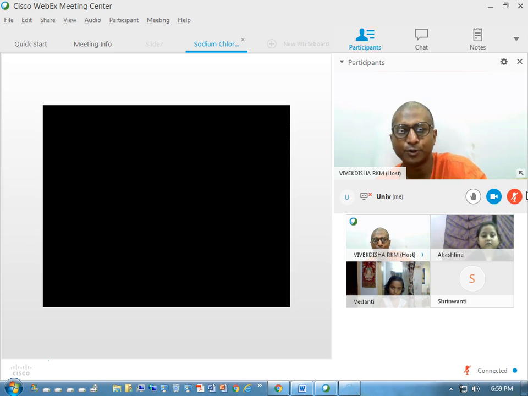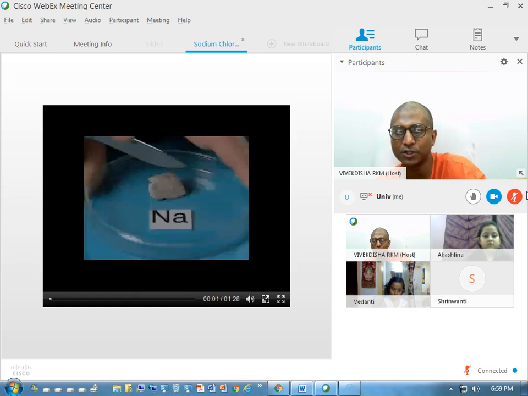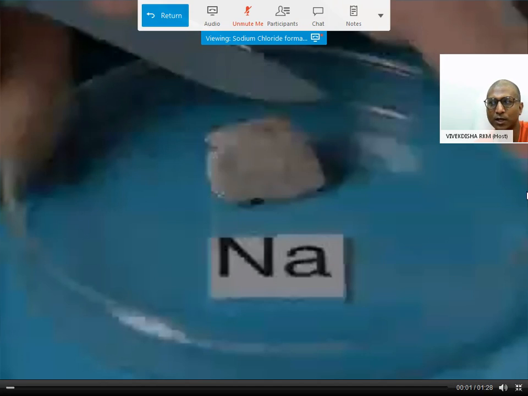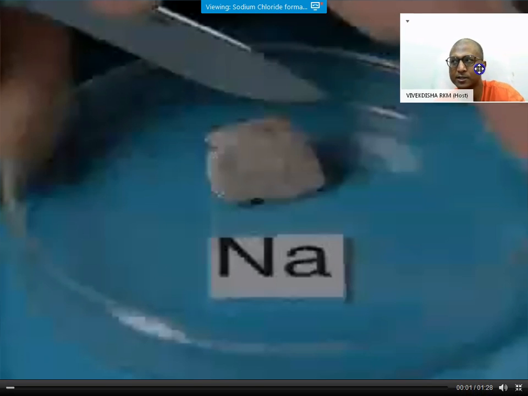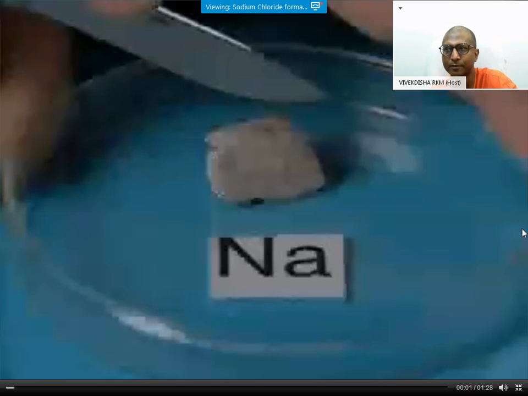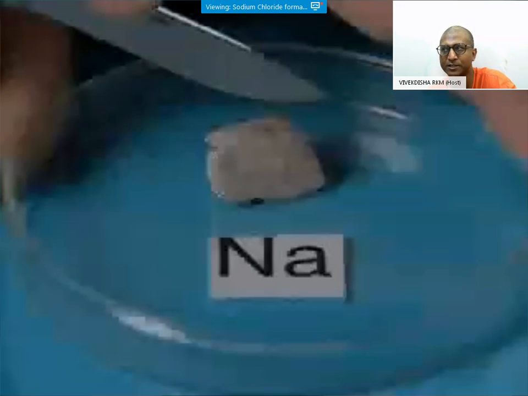Now a few things we have to know, names from now onwards. This is one thing, a metal known as sodium, but in the symbol it is mentioned as Na, because its Latin name is natrium. By that way it is known as Na. It is sodium. So check this metal, and we have to understand its characteristics.